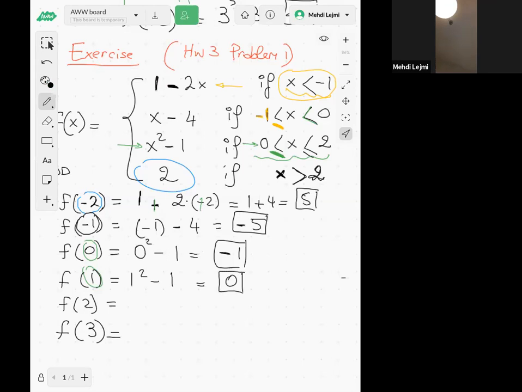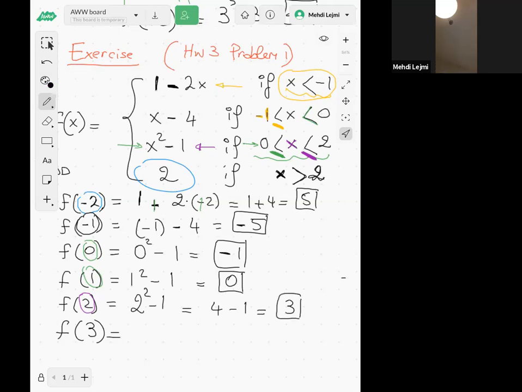Now, f of 2. As you can see in the third condition, x can be equal to 2. So I'm allowed to use the third equation, because my input x is exactly 2. That's x squared minus 1, so 2 squared minus 1, which is 4 minus 1, and the answer is 3.